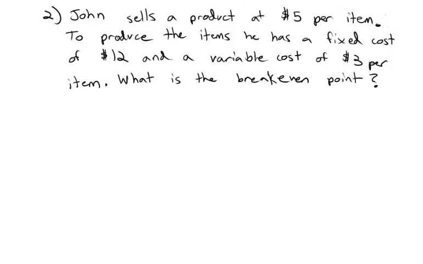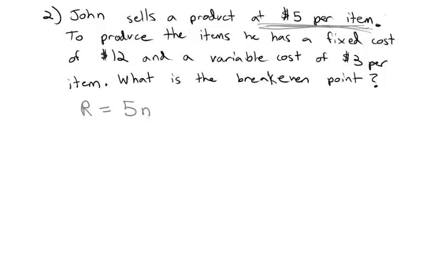Let's do a different color here. Let's do gray. We sell at $5 per item. So we might say his profit, or let's call it his revenue. It's how much money he brings in. His revenue is $5 per item. Now he doesn't start with any money, but his slope, his rate of change, is $5 per item.